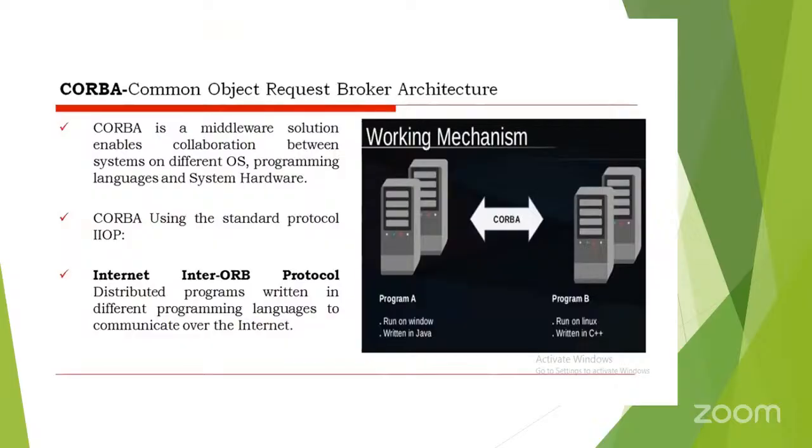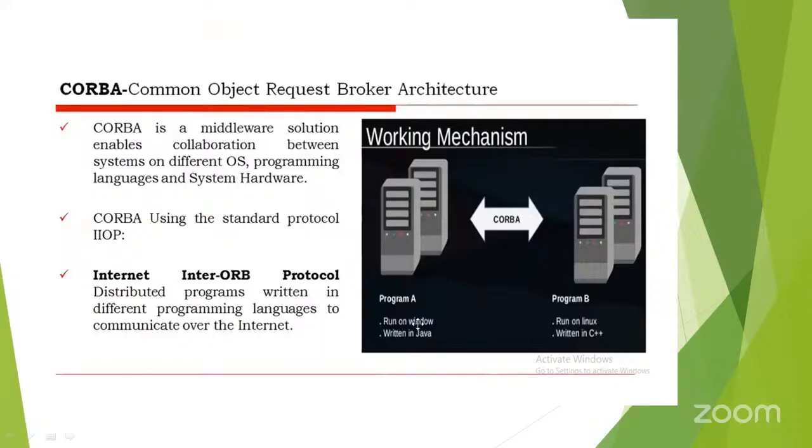See the right hand side: there is an arrow between the two systems, program A and program B. This is CORBA, which interchanges information between them, from program 1 to program 2 and from program A to program B.